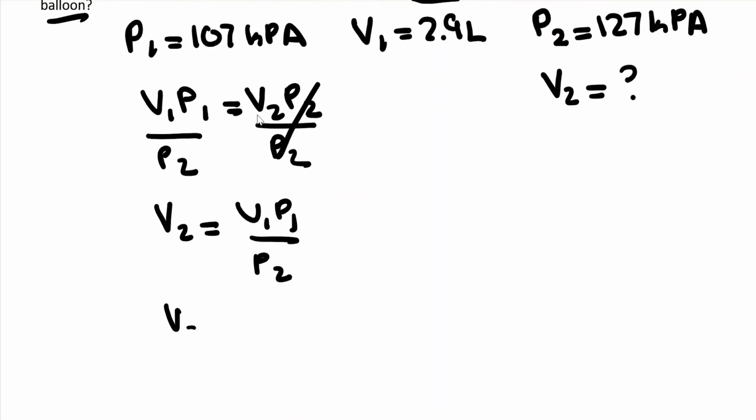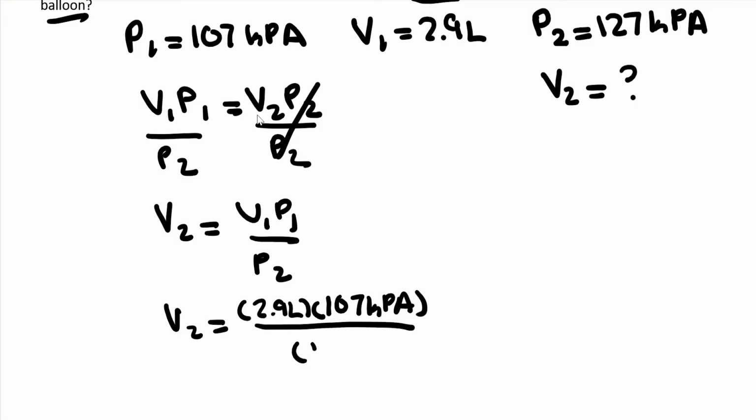And we know that V2 is going to equal V1, which was 2.9 liters, P1 is 107 kilopascals, and P2 is 127 kilopascals. All right.